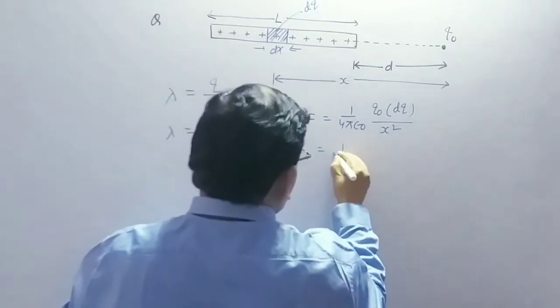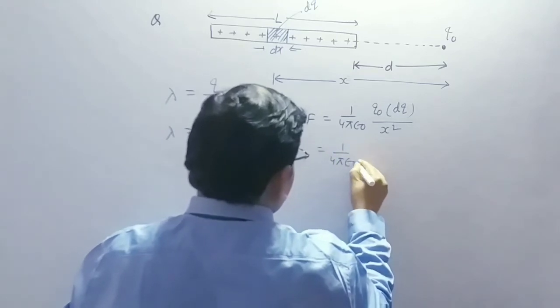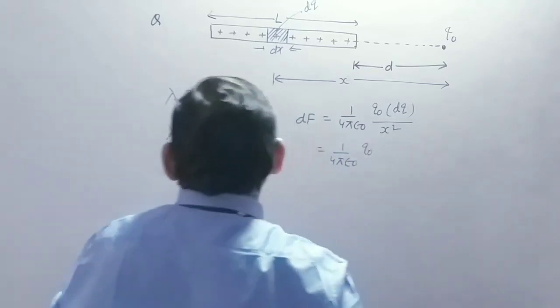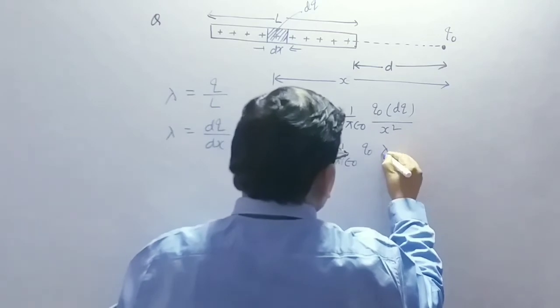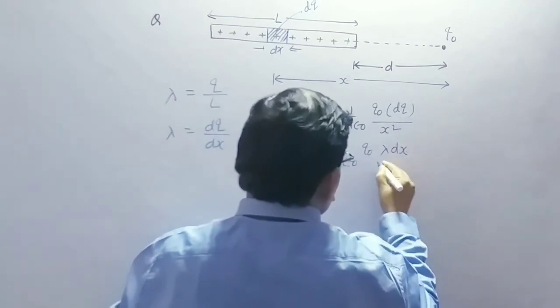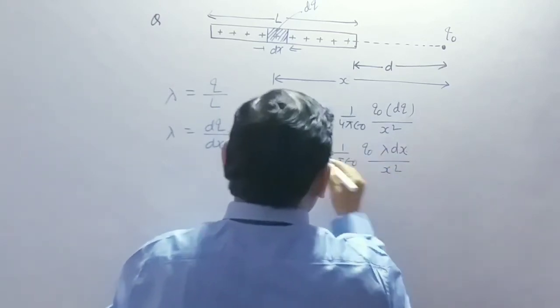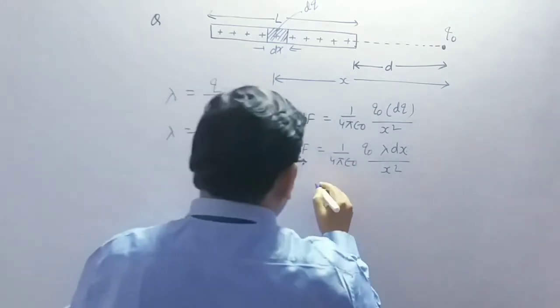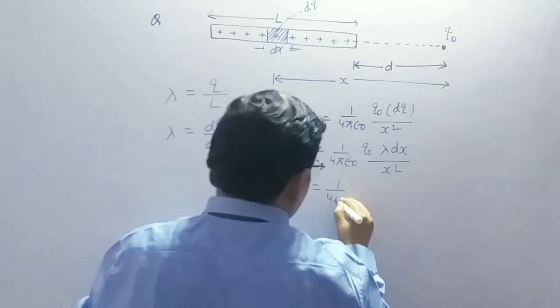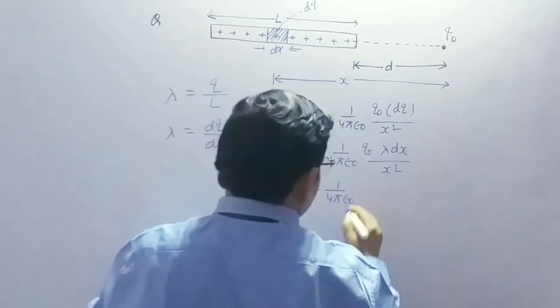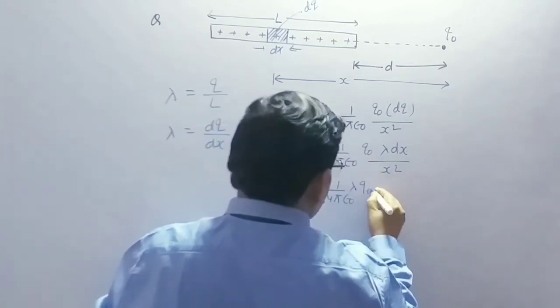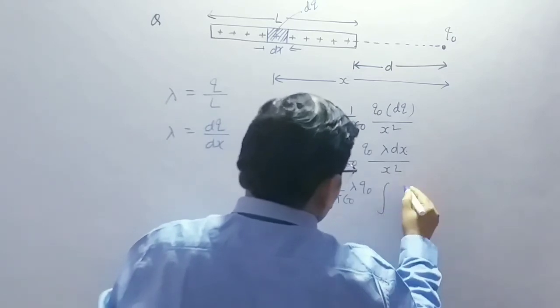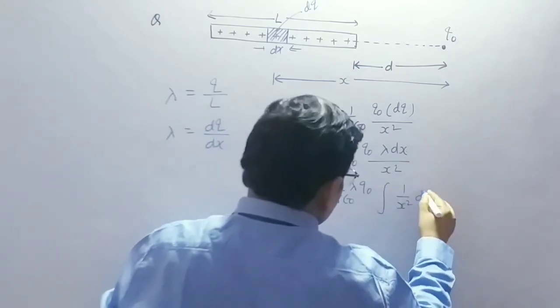So 1 by 4 pi epsilon q naught, dq can be written as lambda dx, by x square. Now 1 by 4 pi epsilon lambda q naught, 1 by x square dx.